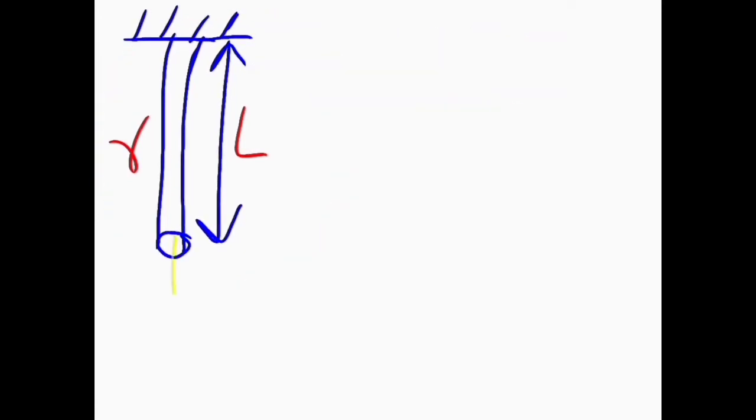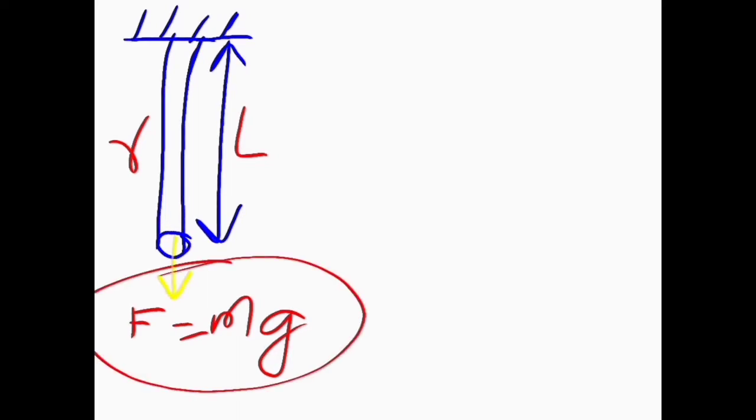On this free end of the metal wire, we are applying some force or weight in the form of F equal to mg. After applying the force, what will be the change in length of the wire? It means that due to the applied force, what will be the elongation created in the length?